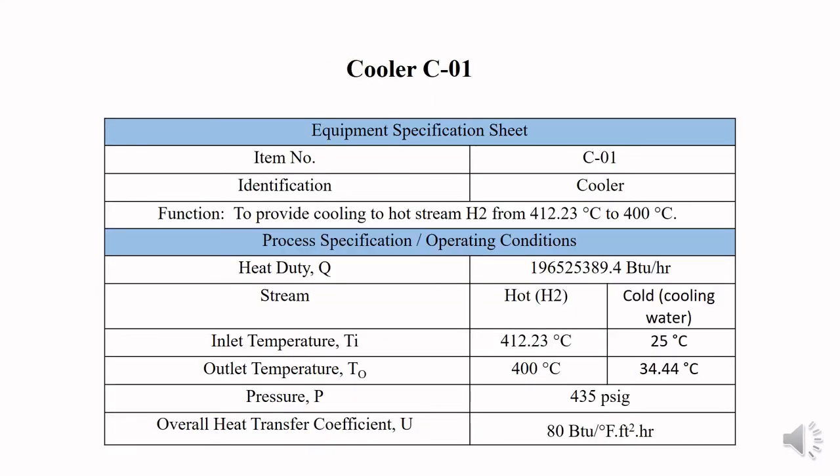In this plant, we have 6 coolers, which also function as heat exchangers. The first is cooler C01, and its function is to provide cooling to hot stream H2 from 412.23 degrees C to 400 degrees C, and the process specification is as stated.